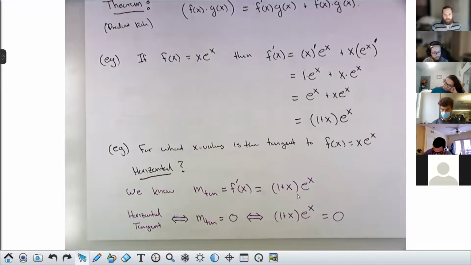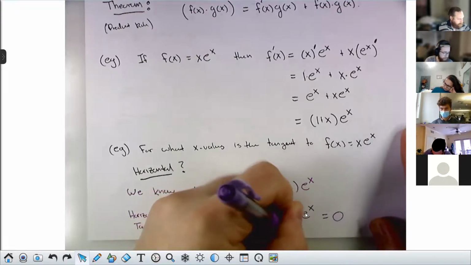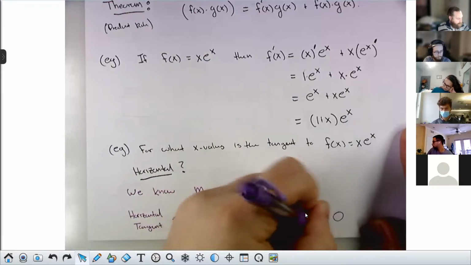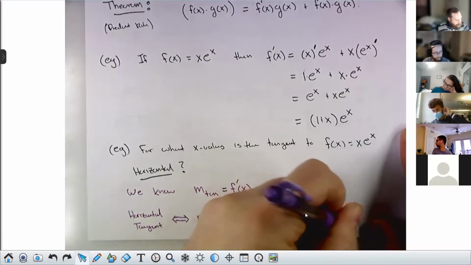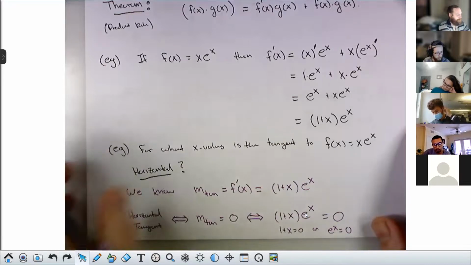So having the derivative in factored form is really nice, because solving equations like something equals 0, step 0 is to factor everything. E to the x is never 0, right? We have here a product of two functions equals 0. By the zero factor rule, this means either 1 plus x equals 0 or e to the x equals 0.